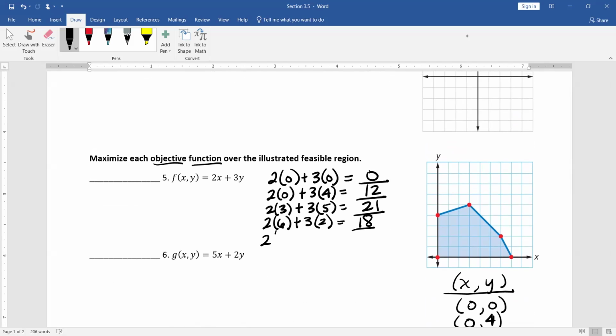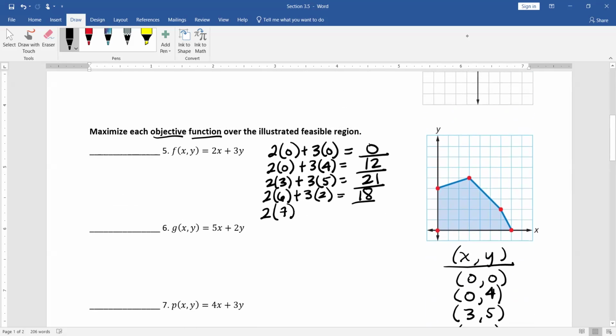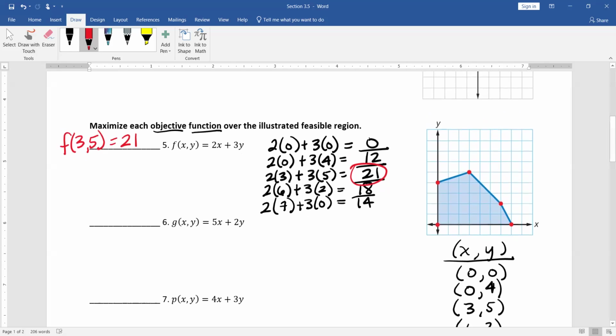And the last one, 2 times 7, 3 times 0, gives me 14. So in this case, I'm wanting to maximize. So that means that my answer is whatever gives me the biggest solution. So that means in this case, ordered pair 3, 5, which was 21.